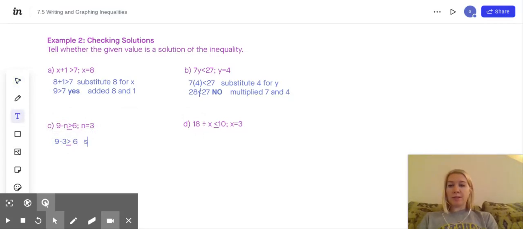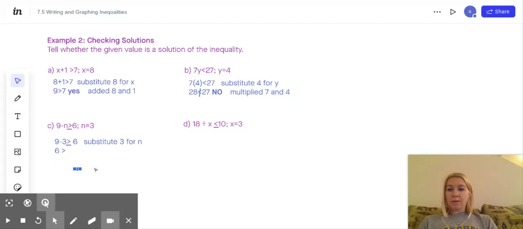What we did for this step is we substituted 3 for n. Now we can solve 9 minus 3. I know 9 minus 3 is 6. So 6 is greater than or equal to 6.